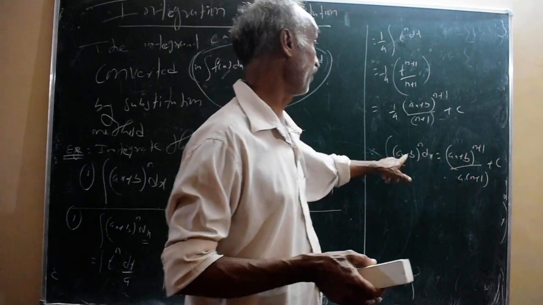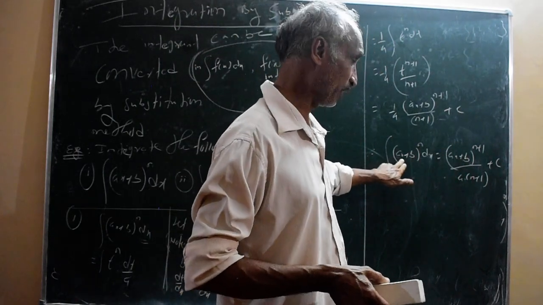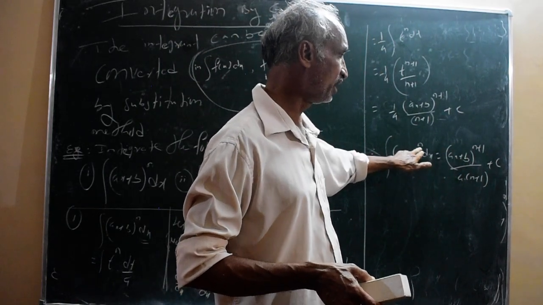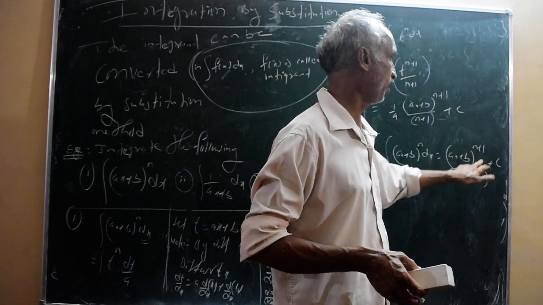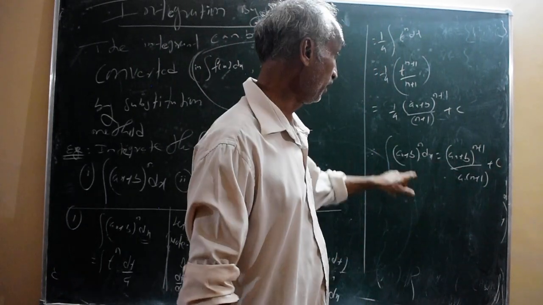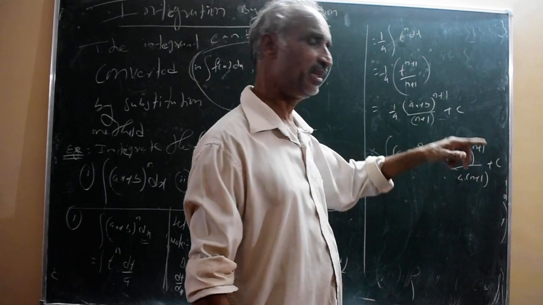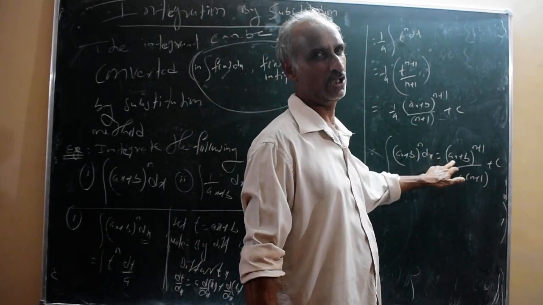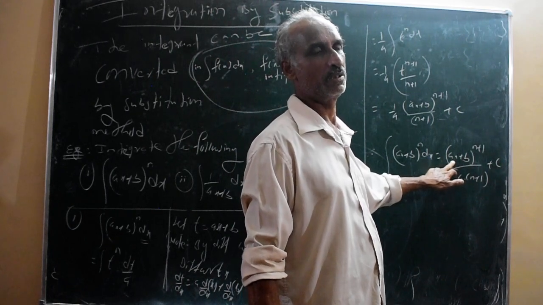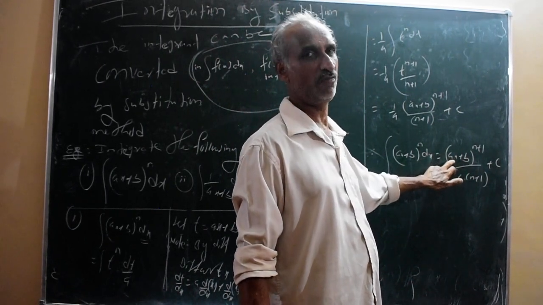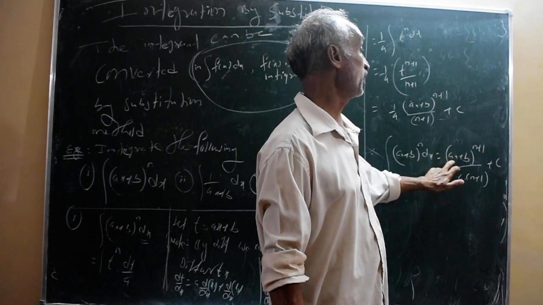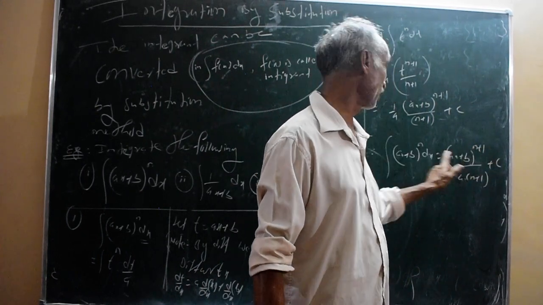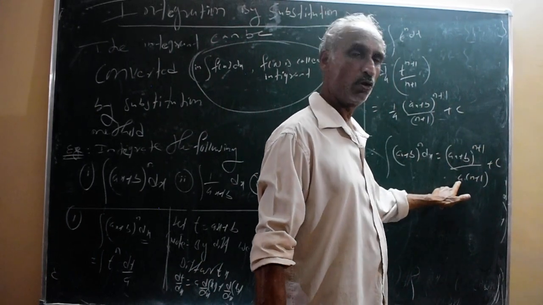That's all. The coefficient of x will be divided. Take x raised to n integration, x raised to n plus 1 upon n plus 1. But in place of x, ax plus b is there, and the same formula applies, where the whole ax plus b is taken, not x. In place of x, ax plus b will be there in the integrand too. Ax plus b raised to n plus 1 upon n plus 1, but an additional factor a should be divided.